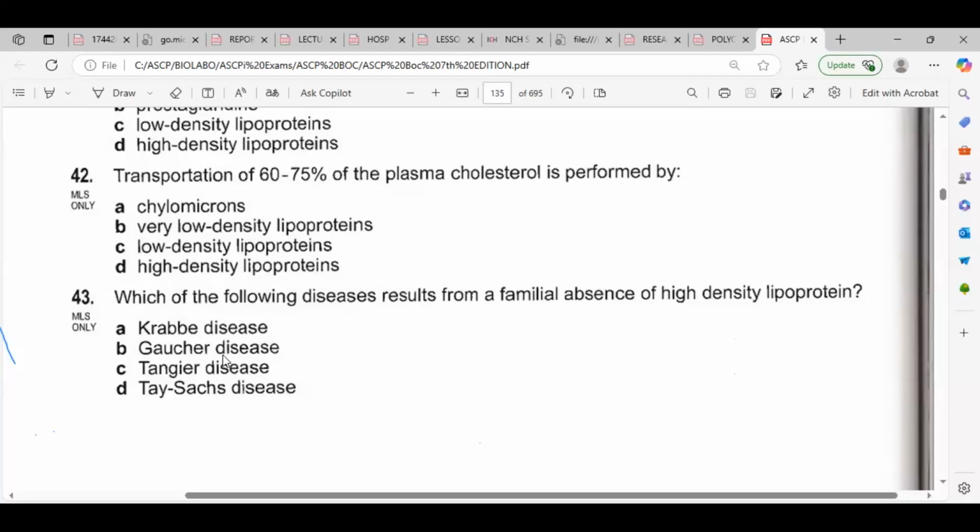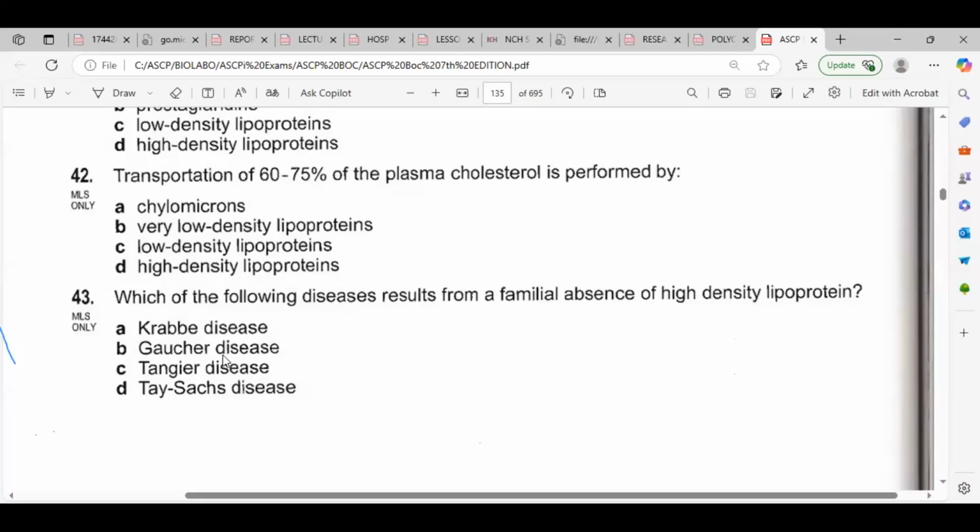It's called Tangier disease. Yes, Tangier disease is characterized by what is called hypobeta lipoproteinemia. I mean, I think it is going to be alpha.